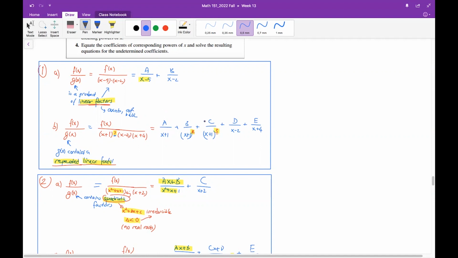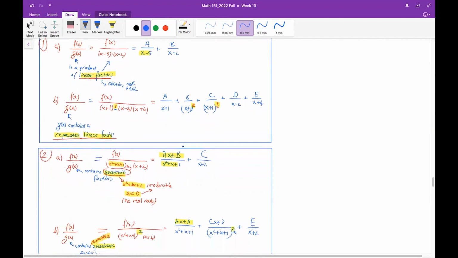For all of these denominators, you put an arbitrary constant A, B, C in the numerator. That's what you do if the denominator contains repeated linear factors.